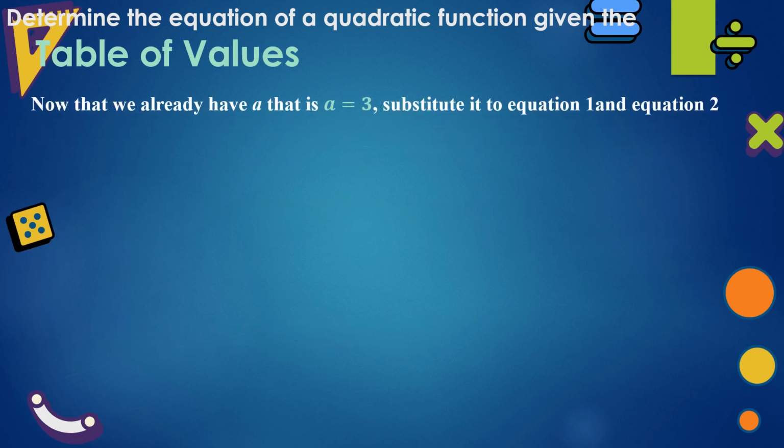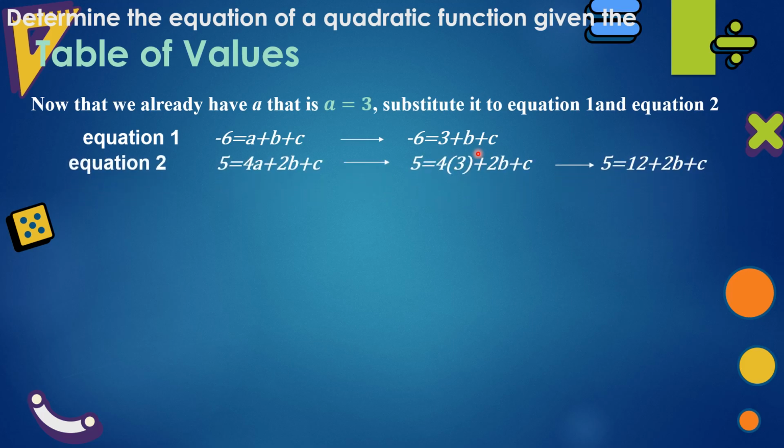Now that we already have a, substitute it to equations 1 and 2. Equation 1 will be negative 6 is equal to 3 plus b plus c. And equation 2 will be 5 is equal to 12 plus 2b plus c.